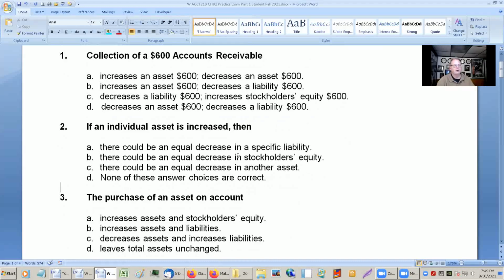How are we doing this now? If an individual asset is increased.